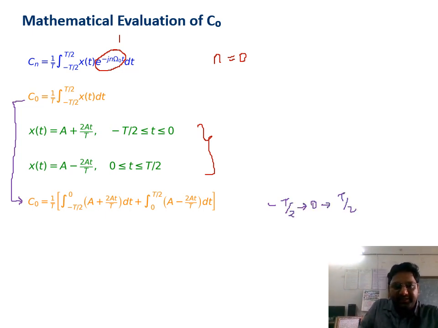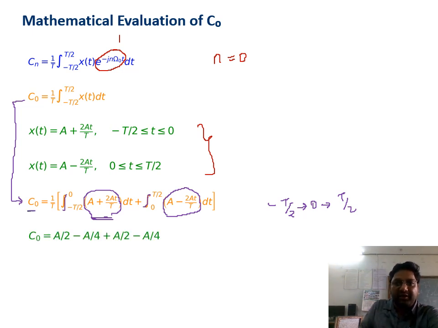From minus T by 2 to 0 we know the value of x of t, that is this much, and for the positive side we know the value is this much. Now I am integrating these to evaluate C naught. Finally the C naught value is evaluated as C naught equals A by 2.